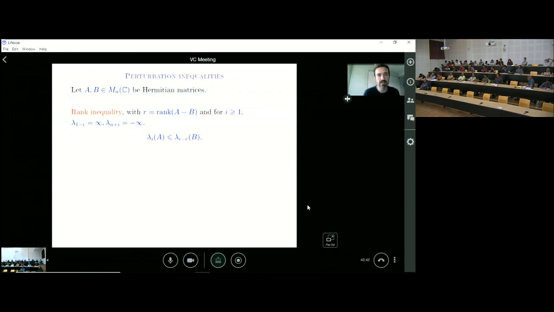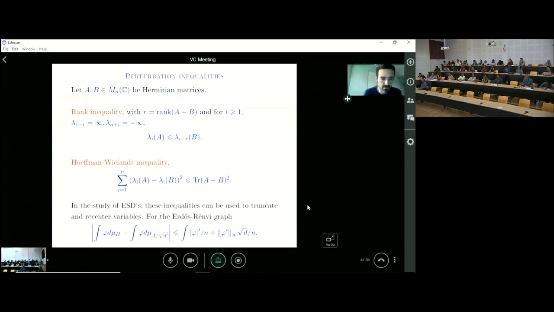So lambda i of A, the i-th largest eigenvalue of A, is upper bounded by the (i minus r)-th eigenvalue of B. Another inequality is the Hoffman-Wielandt inequality, which tells you that if you see the eigenvalues as a vector in R^n, the square of the Euclidean norm between the vector of eigenvalues of A and the vector of eigenvalues of B is bounded by the trace of (A minus B) squared, which is the square of the Frobenius norm.